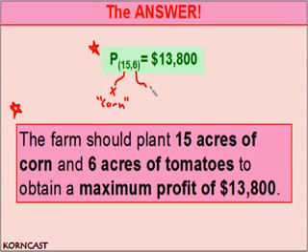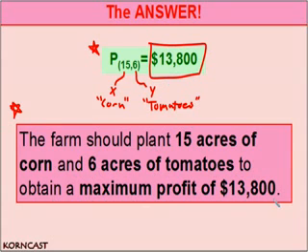Since our 6 is our Y value, which is tomatoes, then we should plant 6 acres of tomatoes. And we want to obtain a maximum profit of, well, what did we get? $13,800.